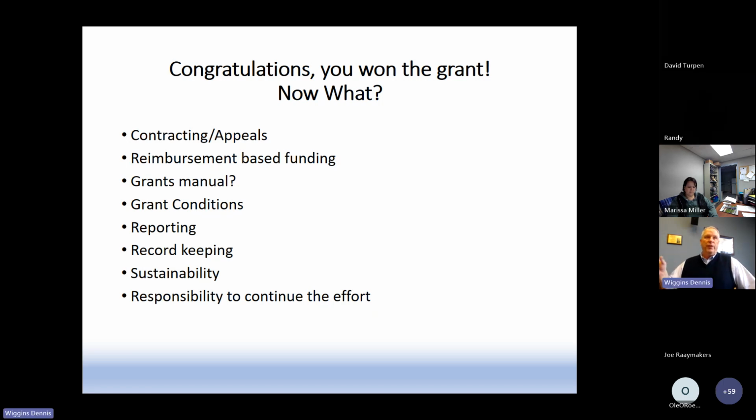Almost all of the grants in this space, funding criminal justice programs, are reimbursement based. For cities and counties and state agencies, probably not a real big deal until you get to the last month of the year. But if you're a nonprofit, this can be a big deal. If you can't cash flow, we turn our claims around in, I don't know, 10 or 11 days typically, but some state agencies take 2 months before you get reimbursed for whatever you're submitting.